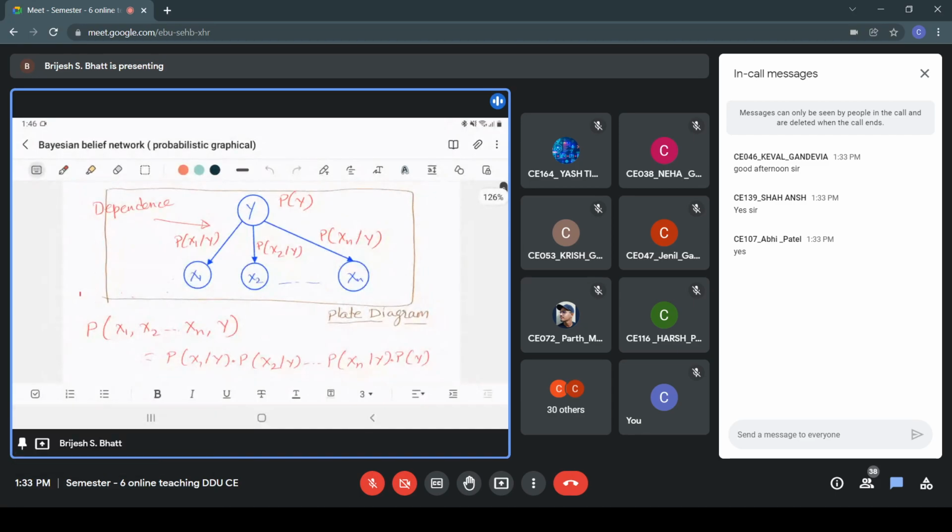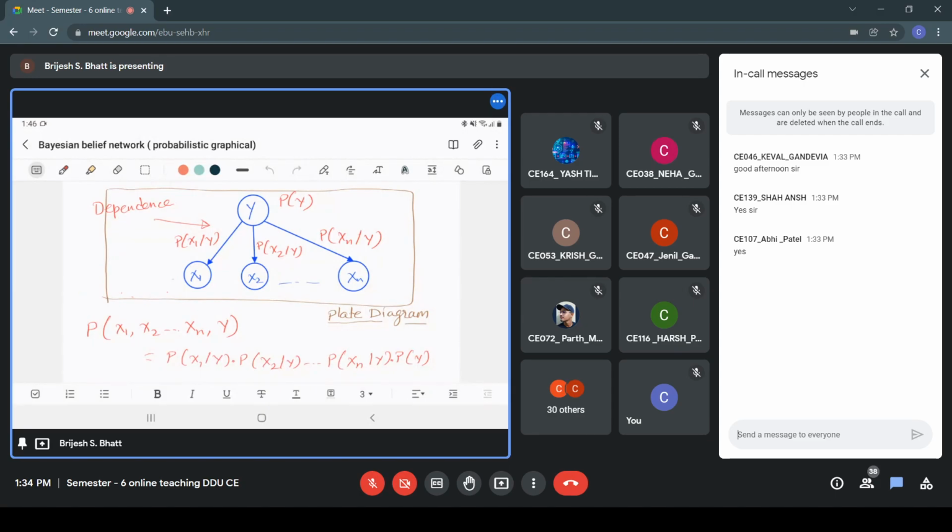Joint probability of x1 to xn comma y is equal to probability of x1 given y, x2 given y, up to probability of xn given y, multiplied by probability of y. Right? This is what we have done. So this was our naive assumption.